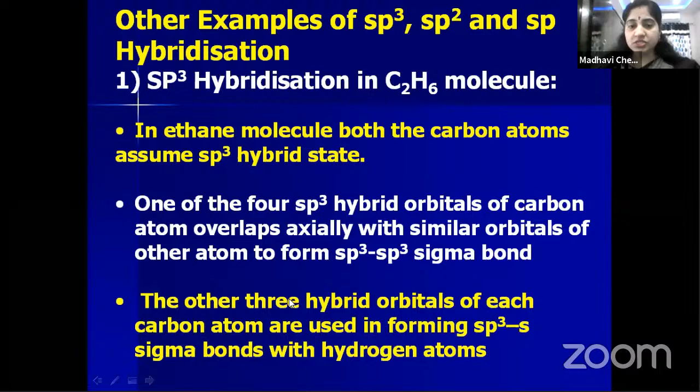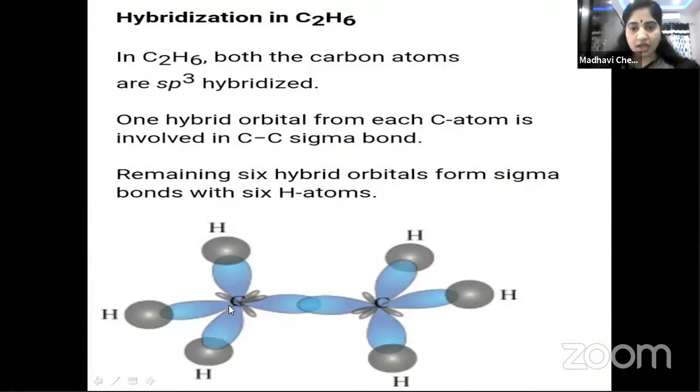Each carbon has 3 more sp3 hybrid orbitals, because one sp3 hybrid orbital has formed a sigma bond with the sp3 hybrid orbital of the other carbon. These 3 sp3 hybrid orbitals on each carbon form sigma bonds with the s orbital of a hydrogen atom. Okay, so you can see here, children, in ethane, how many carbons are there? 2 carbons are there, and these are the central atoms.